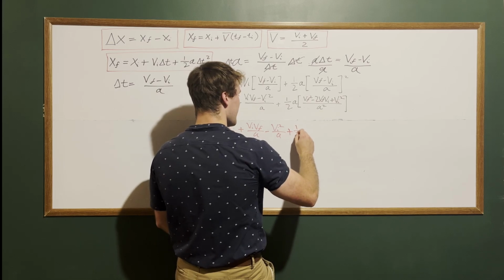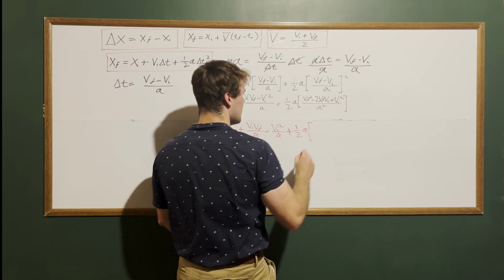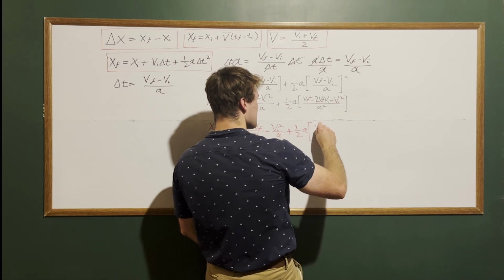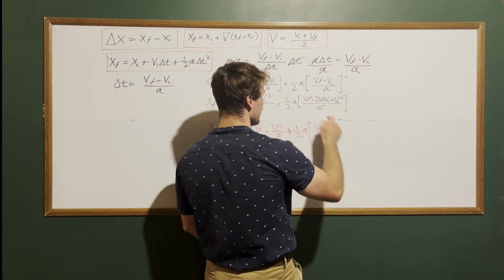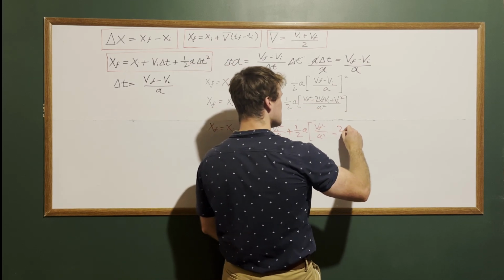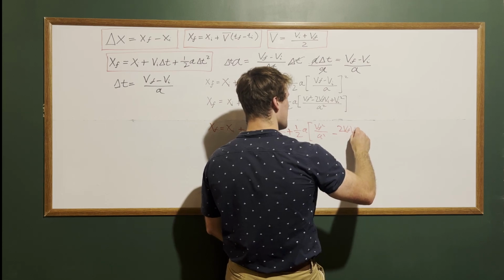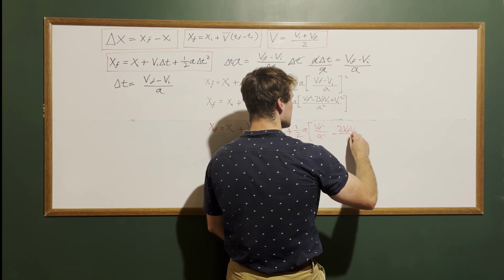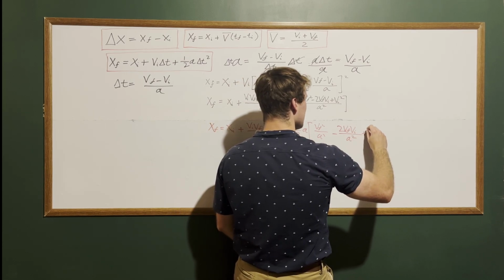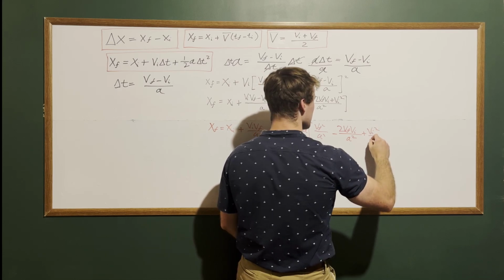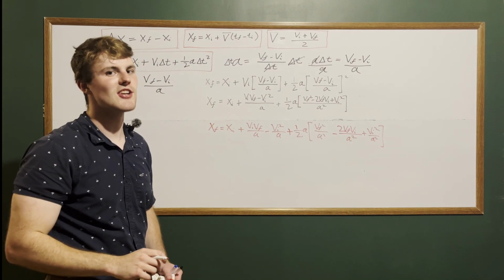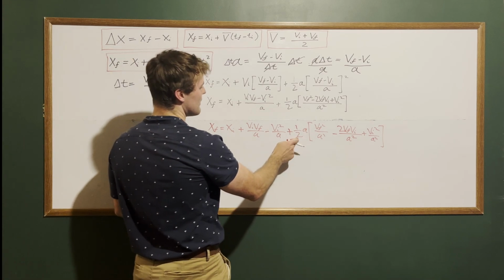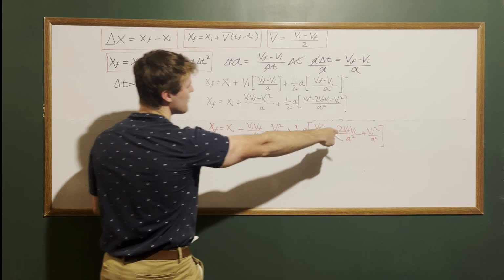Plus 1/2 a, vf squared over a squared. That's these two terms. Minus, because of the minus sign, 2 vf vi over a squared plus vi squared over a squared. Okay, one last disgusting step. So I'm going to multiply this 1/2 a into all these.